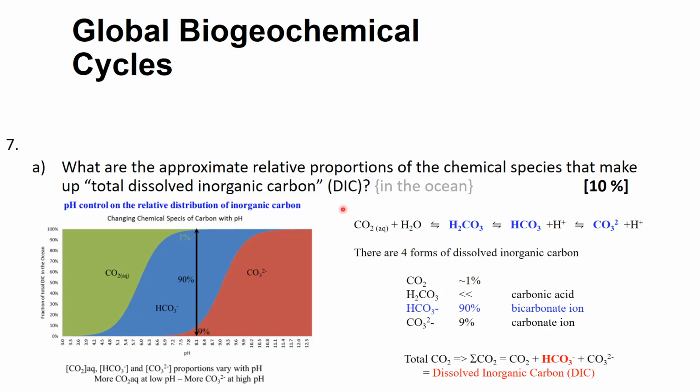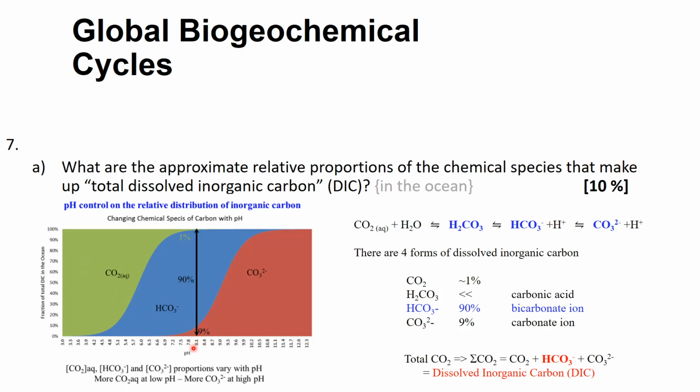So if we have a look here, we've got the equations of the dissolution of CO2 when it reacts with water, forming carbonic acid, the bicarbonate ion, and the carbonate ion. And this is a graph here showing their relative proportions. So at low pH, we have largely aqueous CO2. At high pH, we have largely carbonate ion.